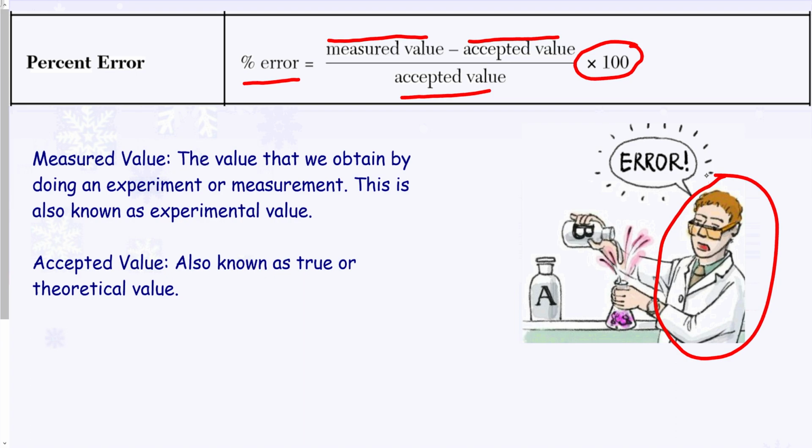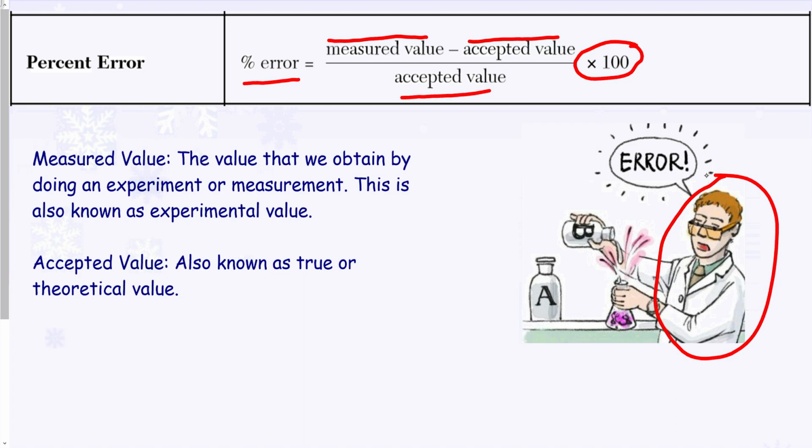So we'll consider that as a true value or accepted value, meaning something accepted worldwide or by other scientists or people who we recognize as having a better idea about it. And then measured would be something that other people are doing. So when you're doing an experiment, you will get the measured value, and then in a textbook or somewhere else, you might find the true value, which should be given.